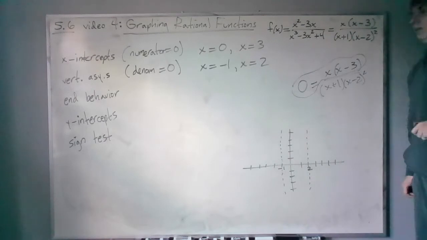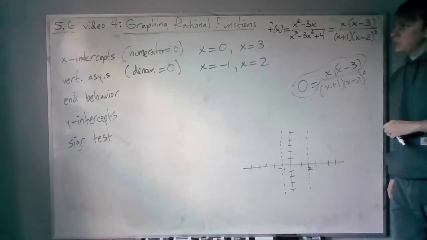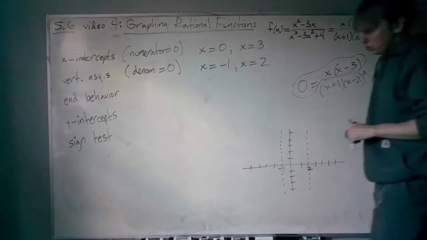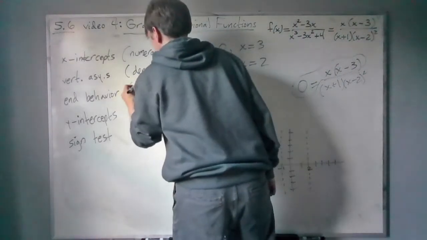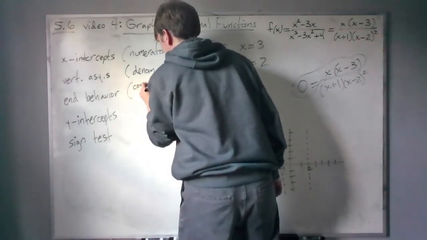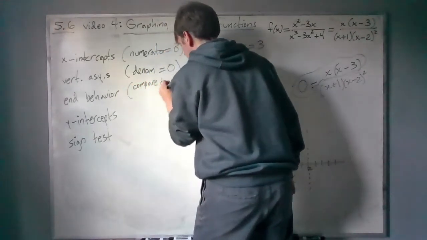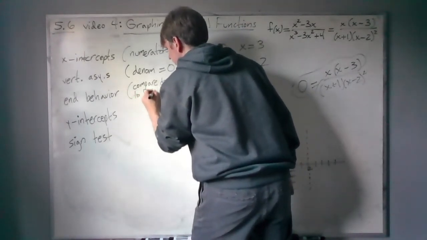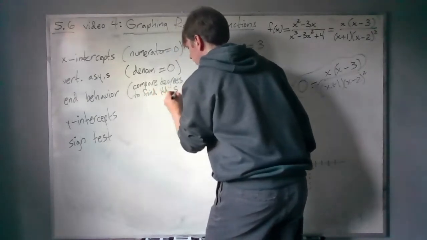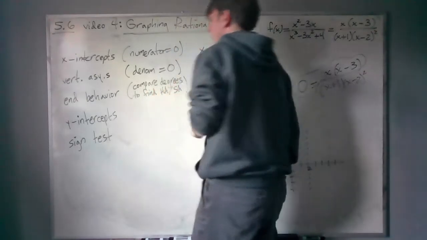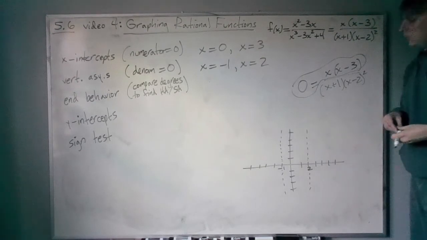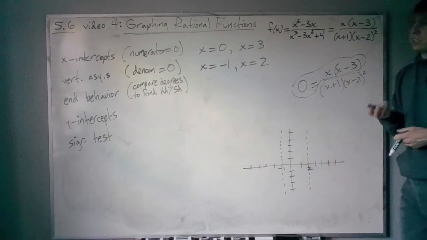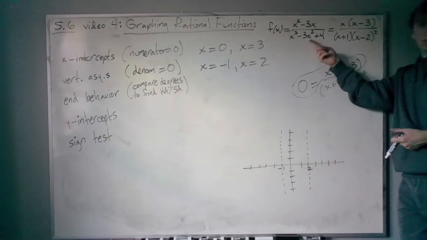Okay. End behavior means looking at the degrees of the top and bottom to figure out if it has horizontal or slant asymptotes. Okay, and this is why I gave it to you both in the factored form and the not factored form, because if I'm looking at the degrees, I would much rather be looking at this guy that's not factored.